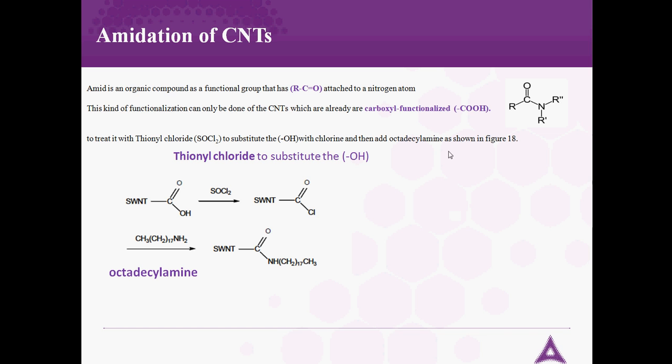Here we can see an amide, which is an R-C with a double bond to O. If this is bound to a nitrogen, we call it an amide. This kind of functionalization can only be done on CNTs which already have the carboxyl group.